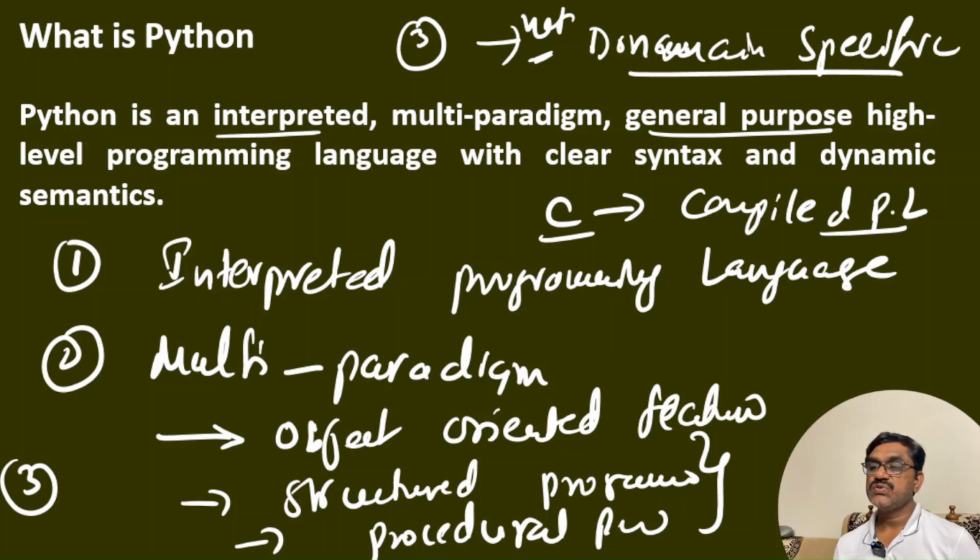General purpose is also known as multi-purpose. We can use it in any kind of domain. We can use Python in machine learning, deep learning, artificial intelligence, web development, and data science. In all types of domains, we can use Python. So that's why it is general purpose, or we can say multi-purpose.